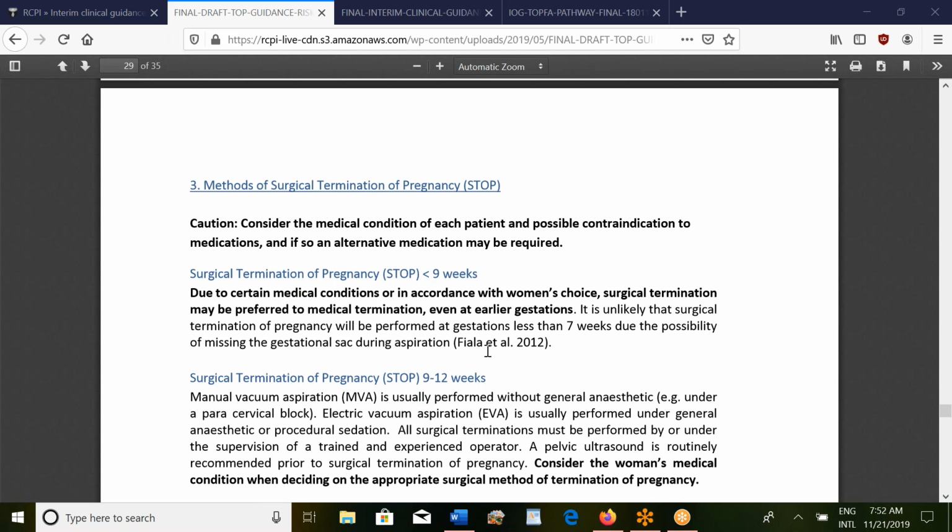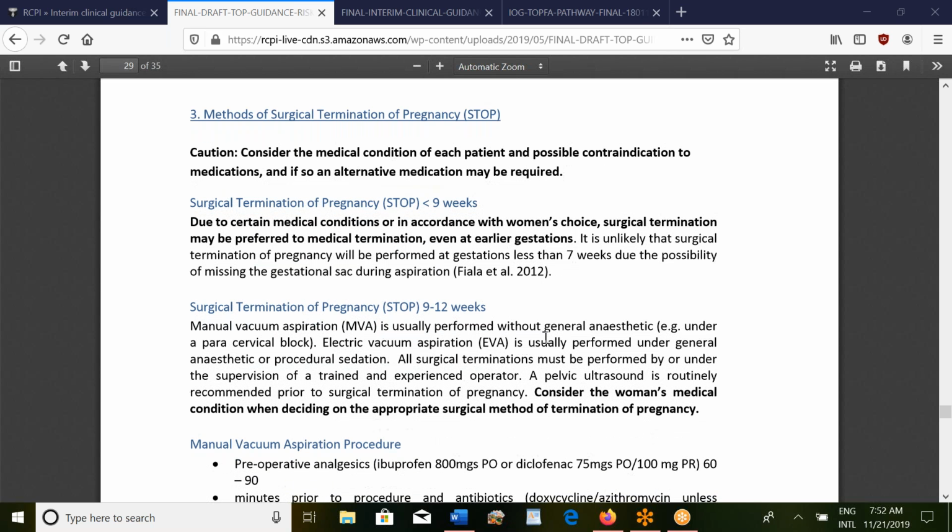So these are the two ways we do it under 12 weeks. And if it is a viva, you should say that surgical termination is usually not offered if the period of gestation is less than 7 weeks because we may miss the sac during evacuation.